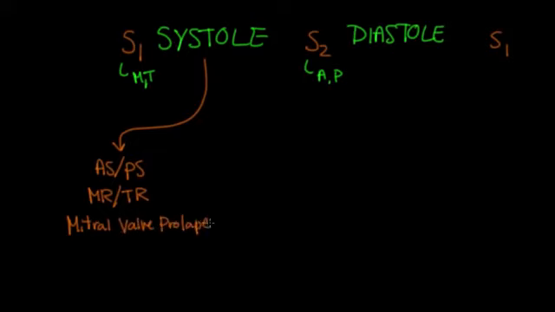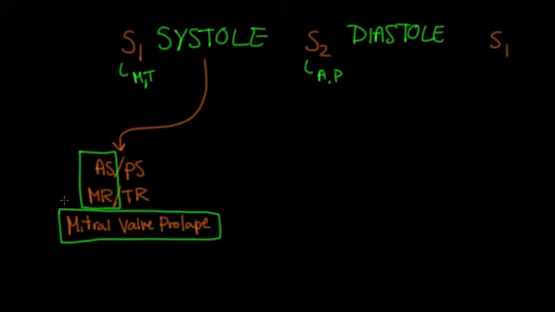The ones that we're going to talk about today are the left-sided valvular conditions, so the aortic stenosis and the mitral regurgitation, as well as the mitral valve prolapse. And I just realized that I misspelled prolapse, so we're going to fix that.